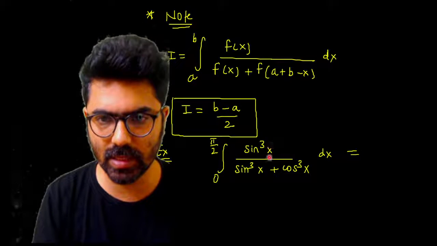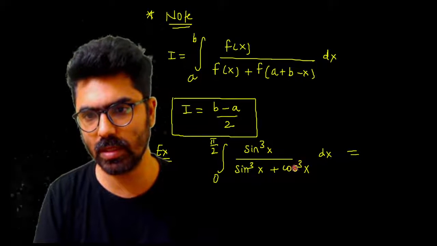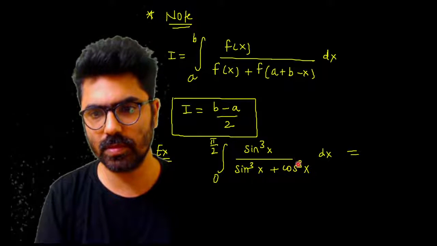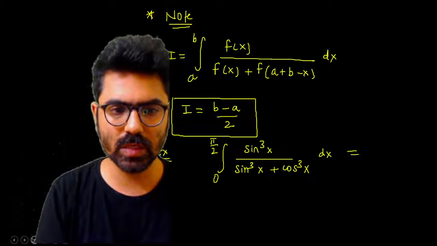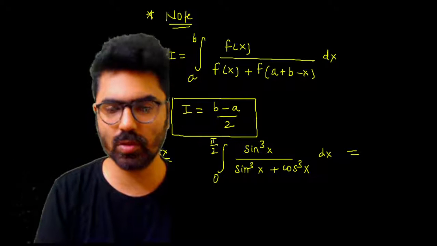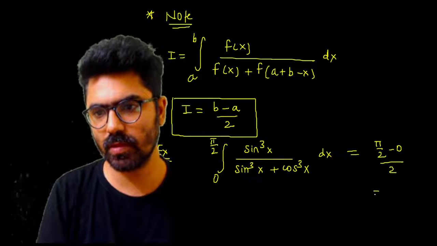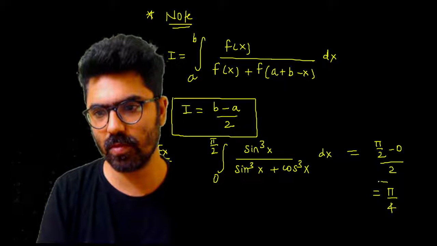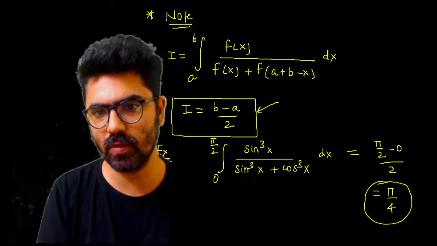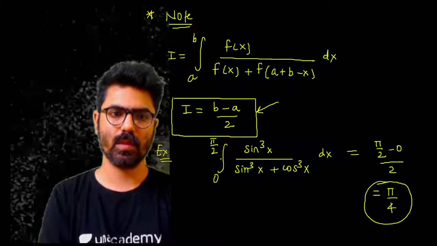If you put pi by 2 plus 0 minus x in place of x, we'll get cos cube x. So this concept is applicable over here, and it comes to be b minus a by 2, which is pi by 4.